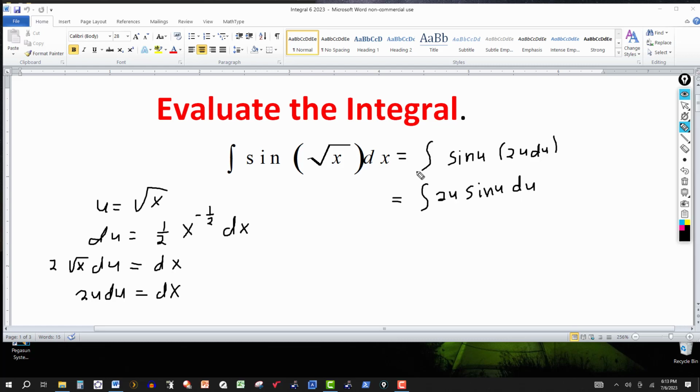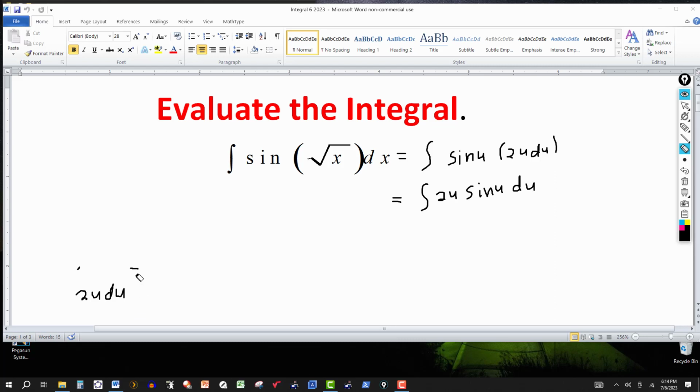This has the look of an integration by parts problem. So I'm going to use the abbreviated form of the integration by parts procedure. So this will be derivative on this column and integral on the second column here. I'm taking the 2u, that'll be the part I'm going to differentiate here, 2u, and then sine u is what I'm going to integrate.